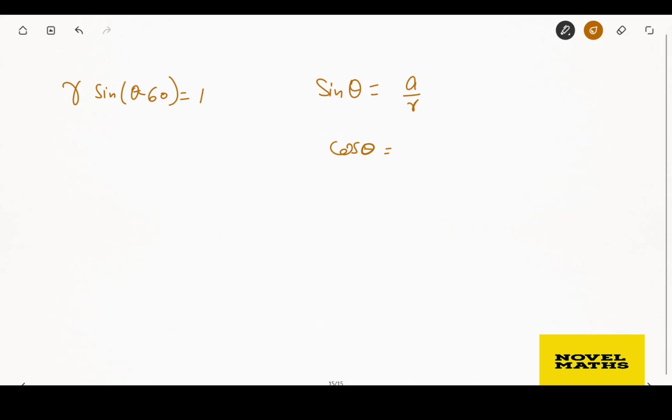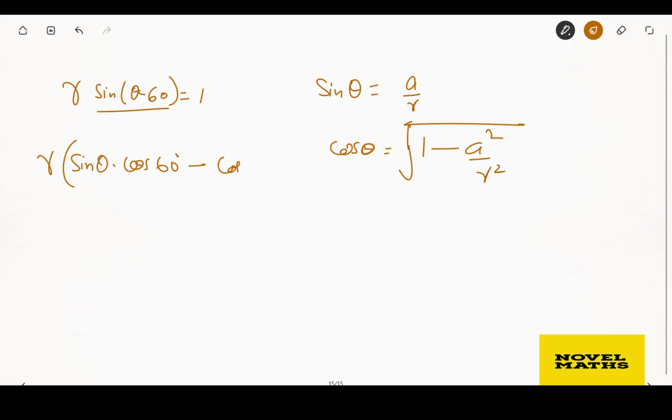Here we need to apply sine A minus B. So r times (sine theta into cos 60 minus cos theta into sine 60) is 1.